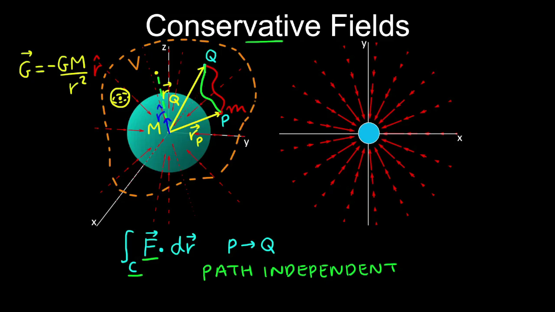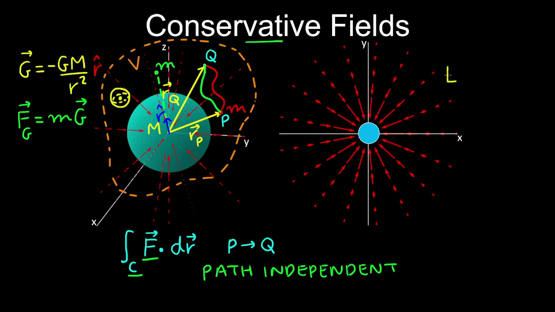So if we place a mass in this gravitational field, the force that mass will feel is the gravitational force, which is equal to the mass times the gravitational field at that point.